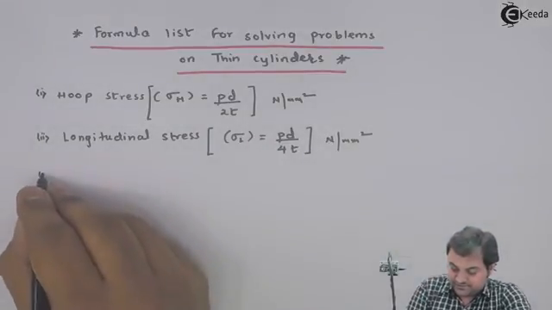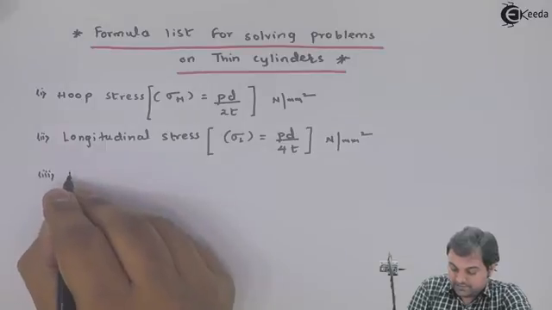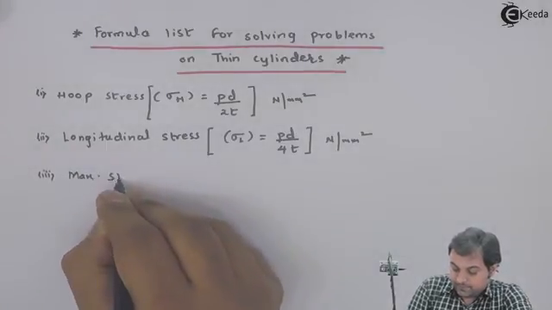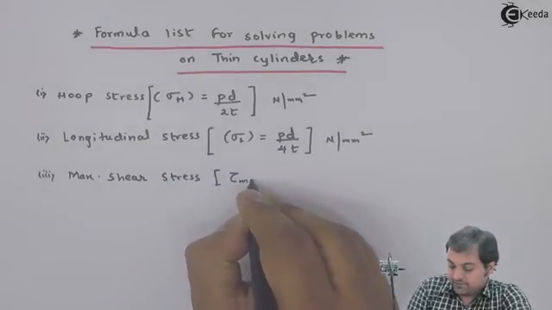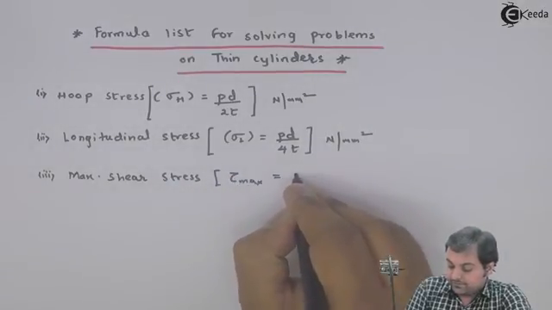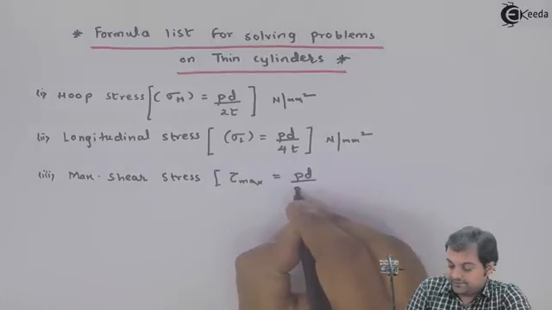Next, shear stress, or you can say maximum shear stress. I will write it as tau max is equal to PD upon 8T.